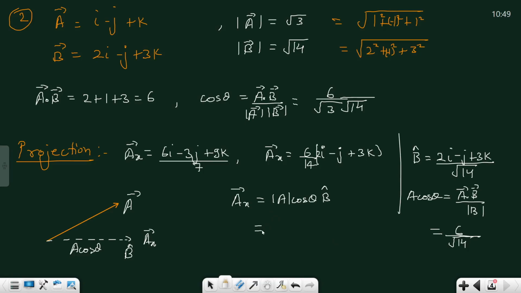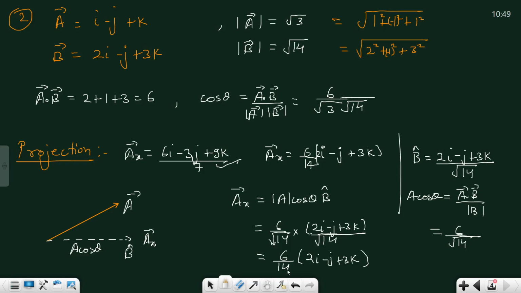So that is 6 by root 14, into my B unit vector, that is 2i minus j plus 3k by root 14. So that is correct. 6 by 14 times 2i minus j plus 3k. When you simplify this, you will get this answer. So both are correct. Clear?